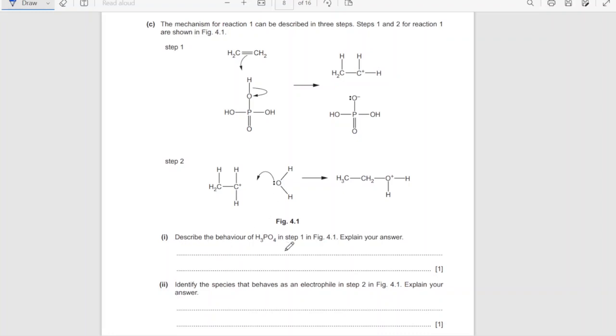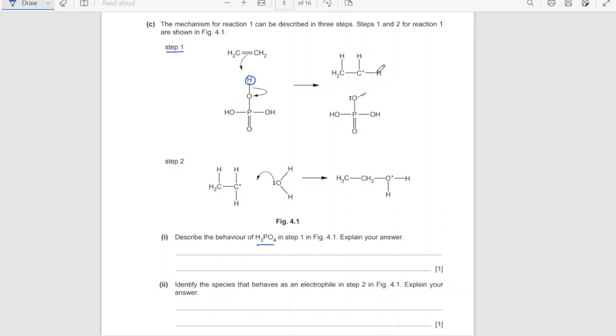So it says over here, describe the behavior of H3PO4 in step 1. All right, in step 1, what happens is that an electron pair from the pi bond of CH2CH2 is being transferred over to this H, and the bond pair between the H and the O is going to the O, so it gets a negative charge.